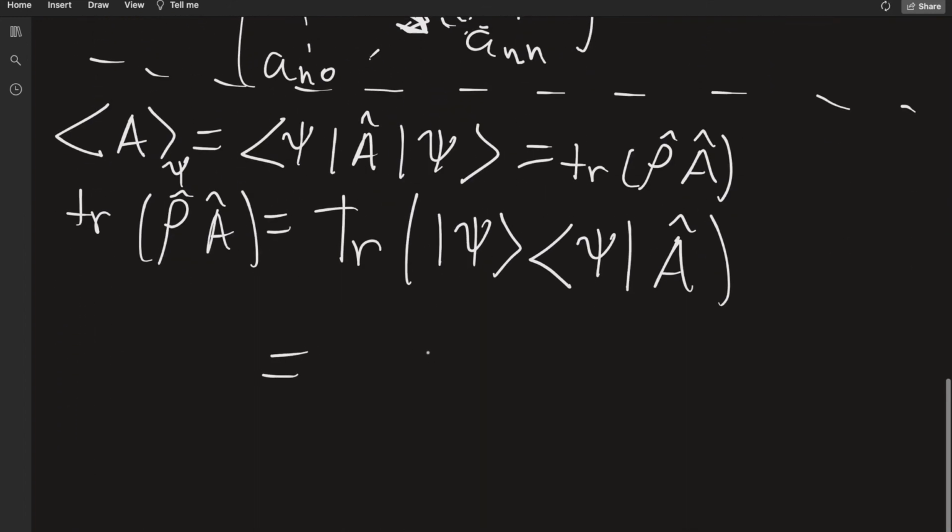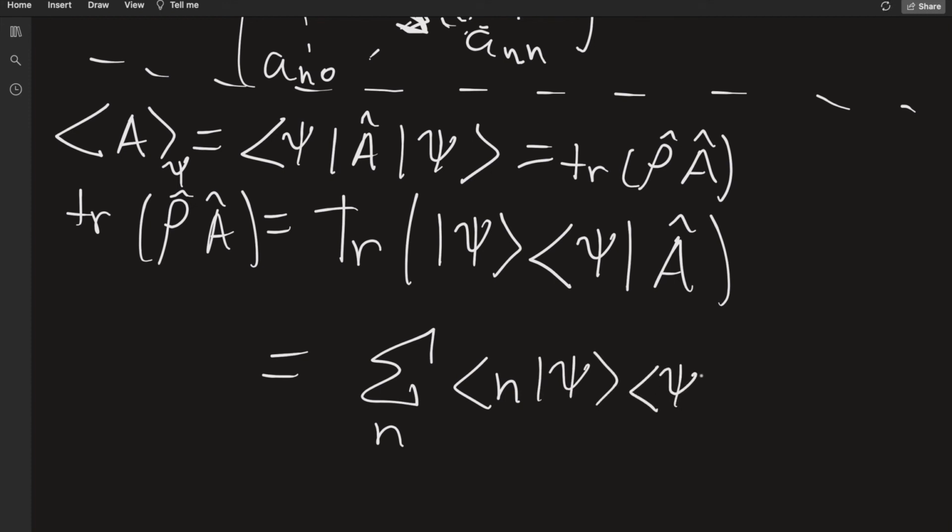So I can represent this as the sum of n rho A n. Okay, just basically showing what we defined right there as a trace in bra-ket notation.